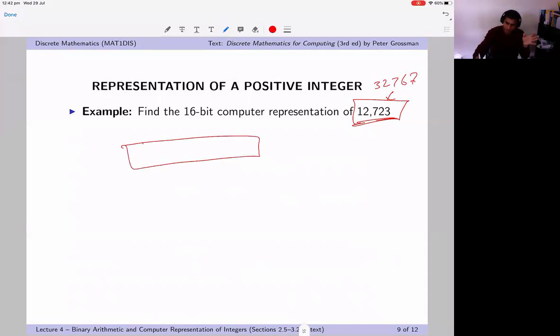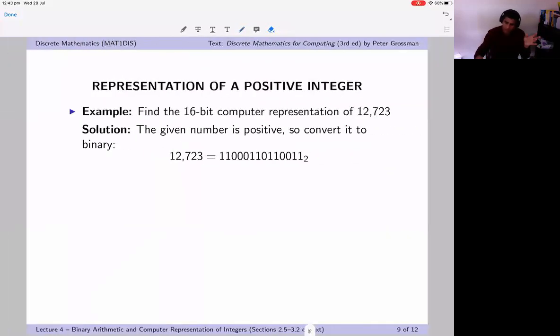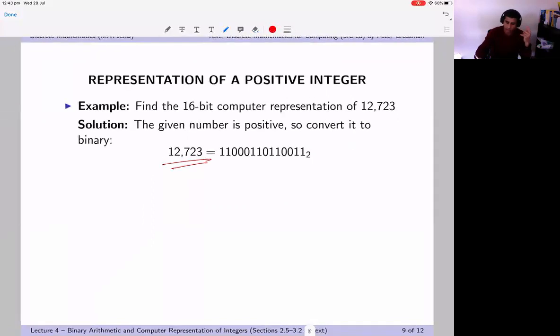Since this number is positive, I have these boxes. So the given number is positive, so convert it to binary. For the binary conversion, just keep dividing by 2 and noting down all the remainders, and this is your binary representation.